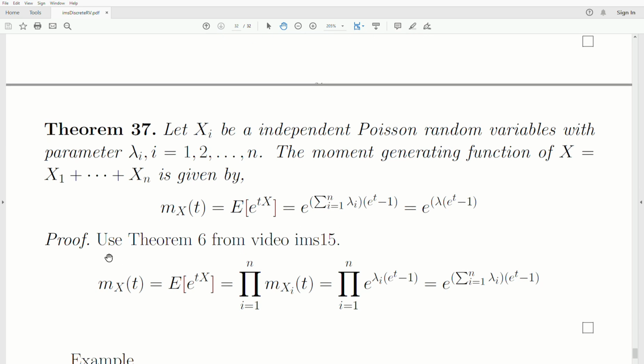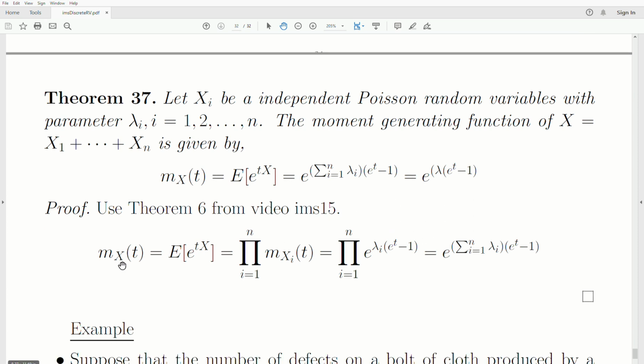And let's prove it. Now we're going to use theorem 6 from video IMS15, the 15th video in the playlist Introduction to Mathematical Statistics. It's about moment generating functions. So the moment generating function of X is the expected value of e to the tX, but according to theorem 6, that is the product of the individual moment generating functions.